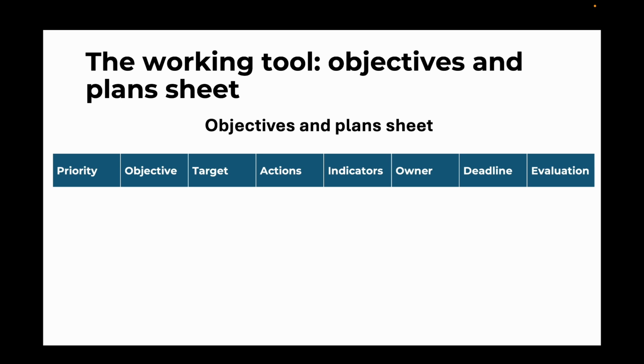The actions explain what BlueRiver will do. The indicators show how performance will be followed. The owner defines responsibility. A deadline creates time discipline. And the evaluation explains how BlueRiver will judge whether the objective was achieved and whether the action was effective. So this is a simple tool, but it helps make objectives practical.